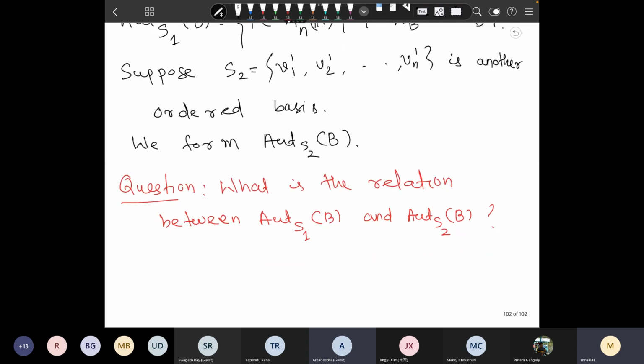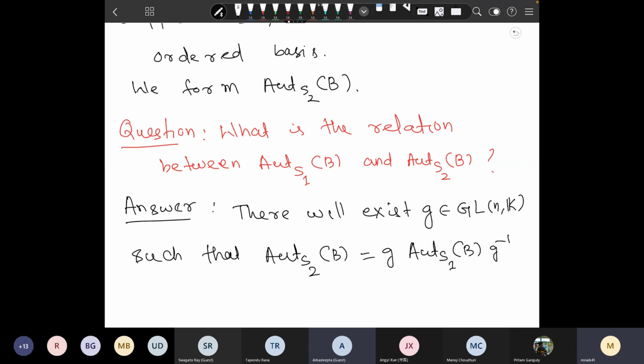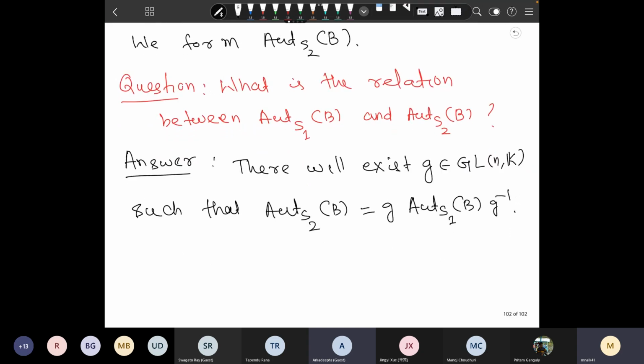The answer you can guess: there will exist G belonging to GL_n(K) so that O(S2, B) is equal to G O(S1, B) G inverse. So these are conjugate. This comes from the basis change matrix.